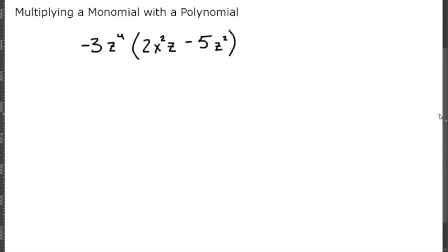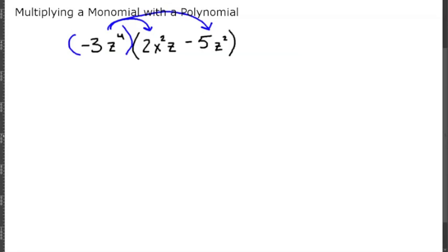Let's look at negative 3z to the fourth multiplied by the polynomial 2x squared z minus 5z squared. We're going to start by distributing. So this entire term will get distributed to this and distributed to the second.